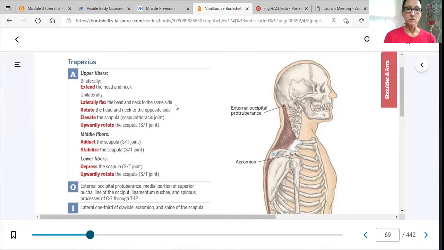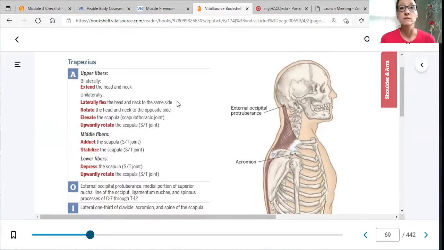So let's start with those. Unilaterally, so just one side, we can laterally flex the head and neck. So just one side here is contracting, like that. Okay, so it says laterally flex the head and neck to the same side. That is annoying to me because you can't laterally flex to the opposite side.